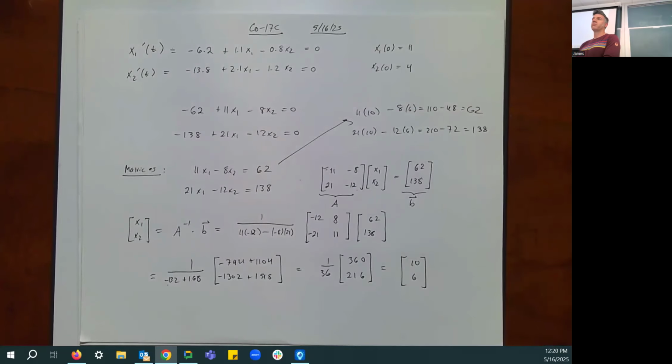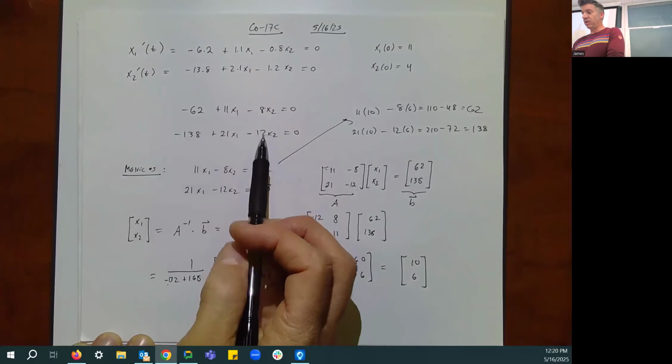Cool, it worked. I will say when the numbers are sufficiently not nice, I would do it this way, writing it as a matrix equation and then solving it by multiplying by the inverse, instead of trying to eliminate either the x2s or the x1s.